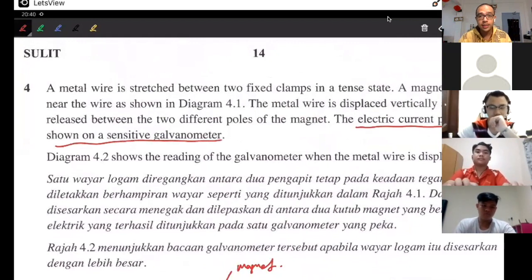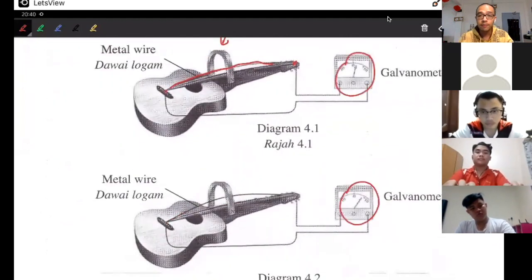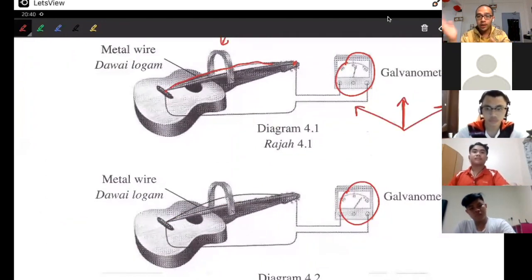So when you see this, obviously the first thing is you take a look at the galvanometer. Just to remind you, for a galvanometer, the further you are away from the center, the bigger the current. If the deflection is the same, it is the same amount of current.